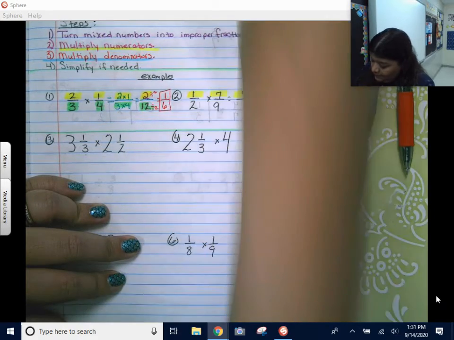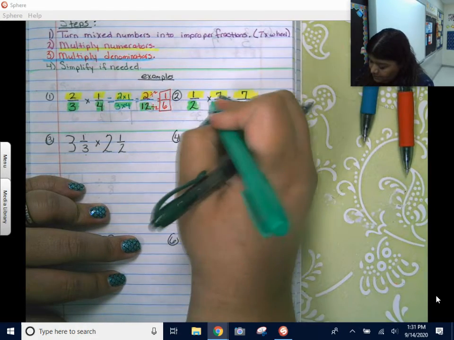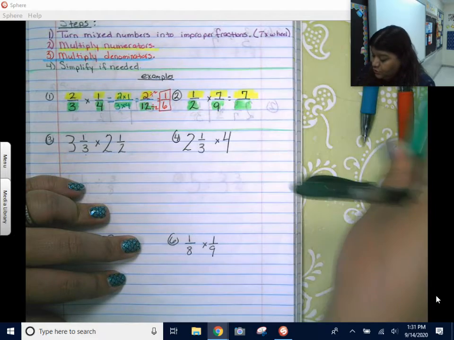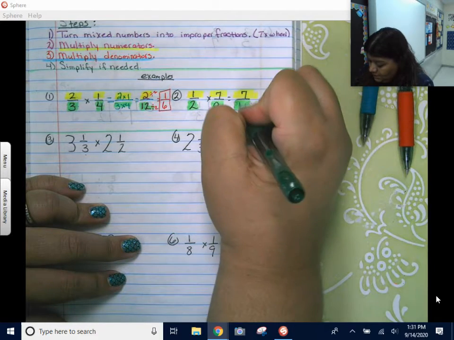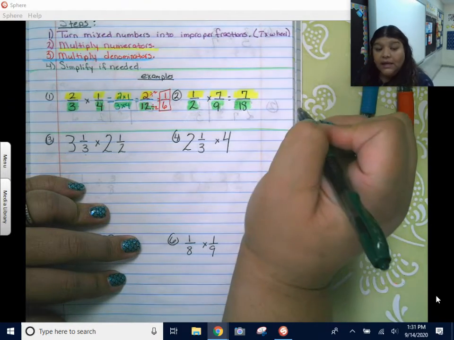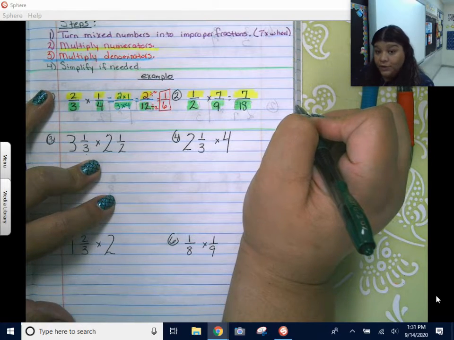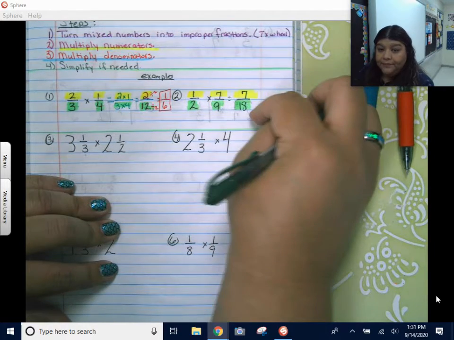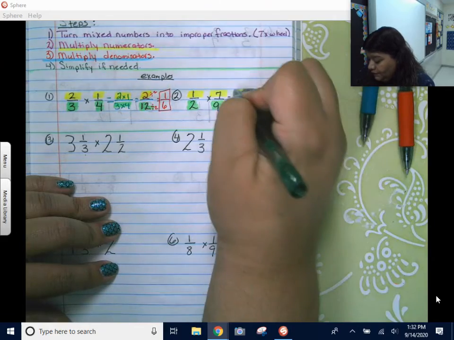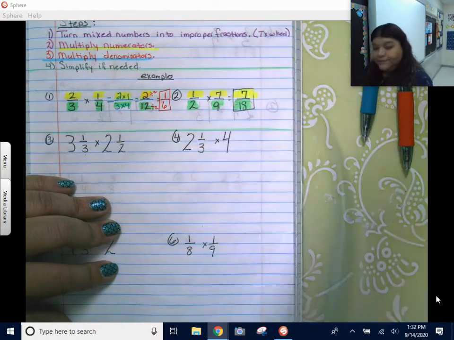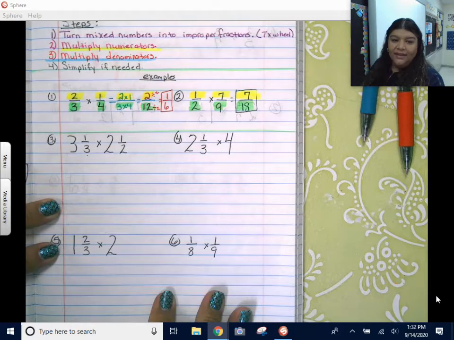Good. And then denominator times denominator. So 2 times 9, 18. Step 4, can you simplify 7 and 18? No. So your final answer is 7/18. Okay, good.